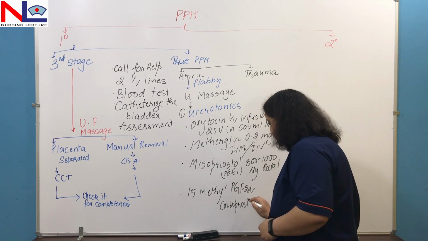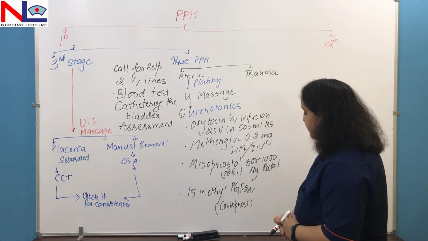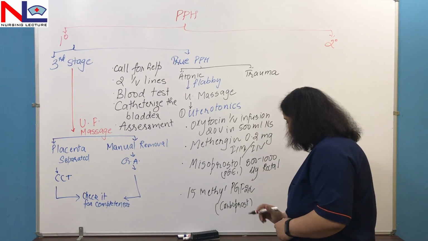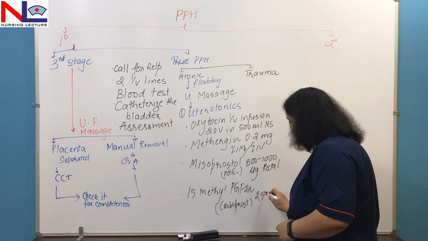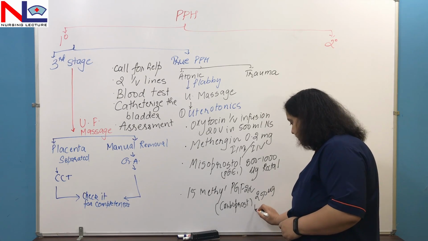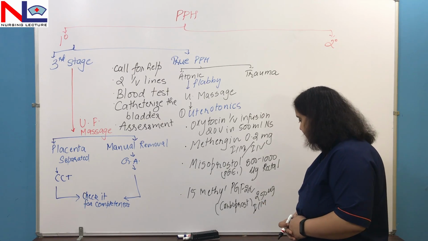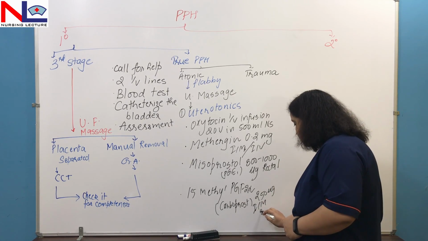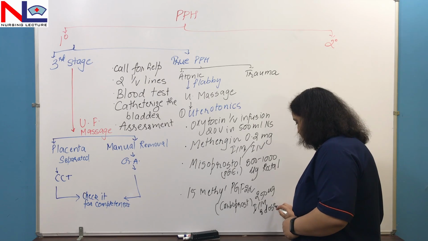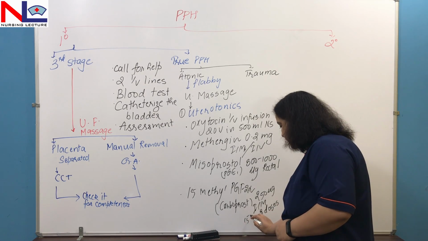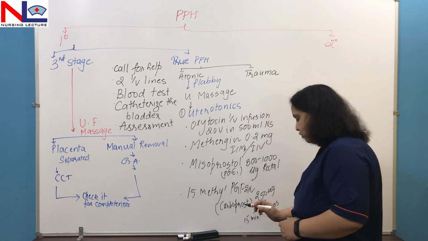Carboprost can be administered at about 250 microgram, intramuscularly being the route of choice, with a maximum of 8 doses at 15-minute intervals.